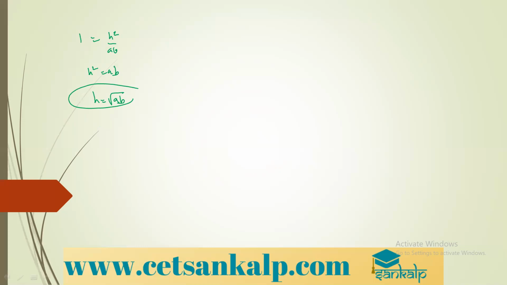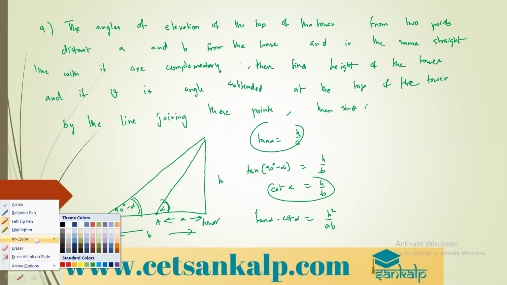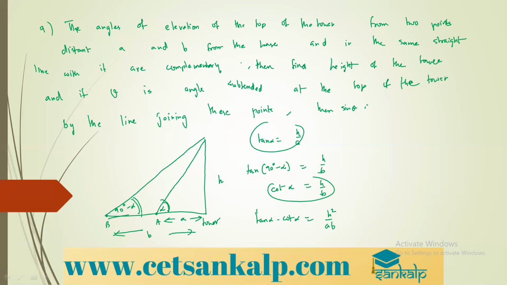Now, what is the second part of the question? That also we will find. Theta is the angle subtended at the top of the tower by the line joining these points. So this line subtends an angle theta at the top of the tower. That is what they have given.